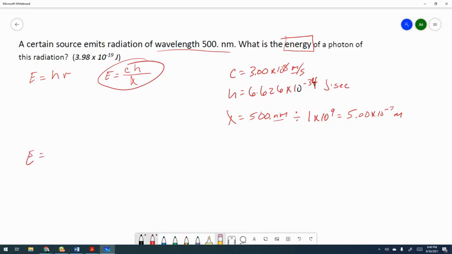We're going to have energy equals the speed of light times Planck's constant over the wavelength.